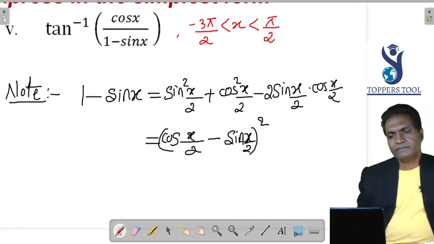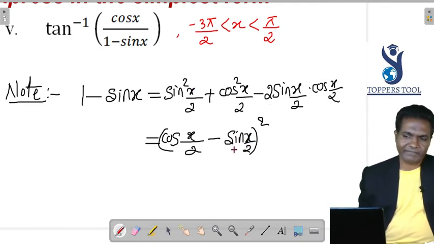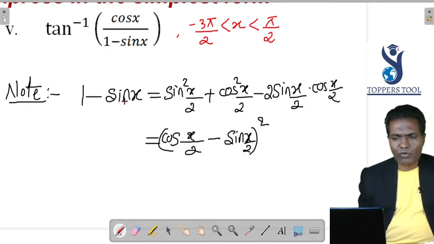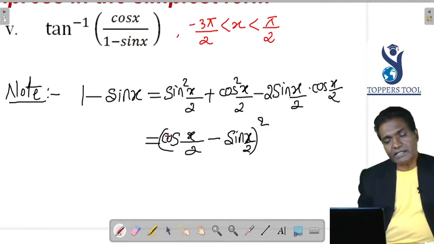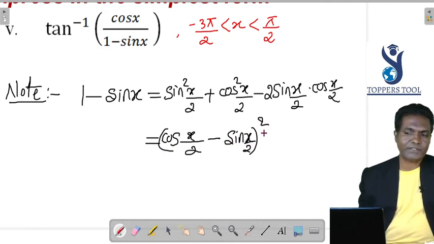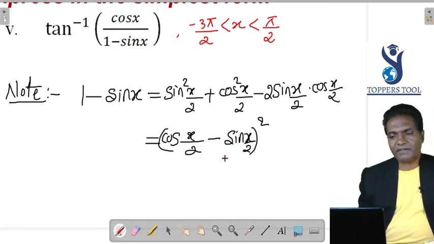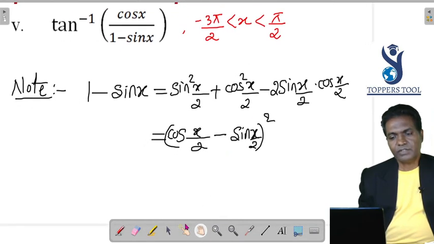Okay, so cos x by 2 minus sin x by 2 whole square. A square plus b square minus 2ab form is there. So I can write a minus b whole square. So remember that 1 minus sin x can be written as cos x by 2 minus sin x by 2 whole square. Even you can write sin x by 2 minus cos x by 2 whole square. Okay, but I prefer this here.